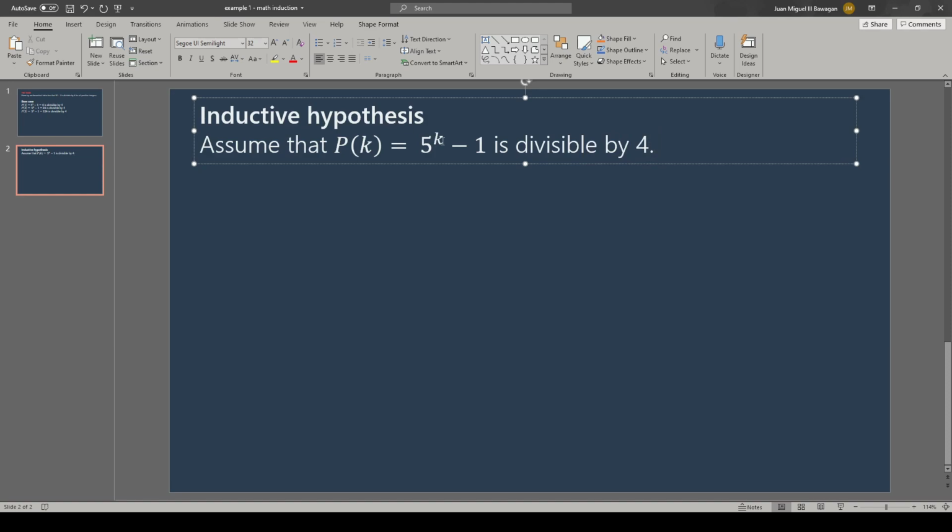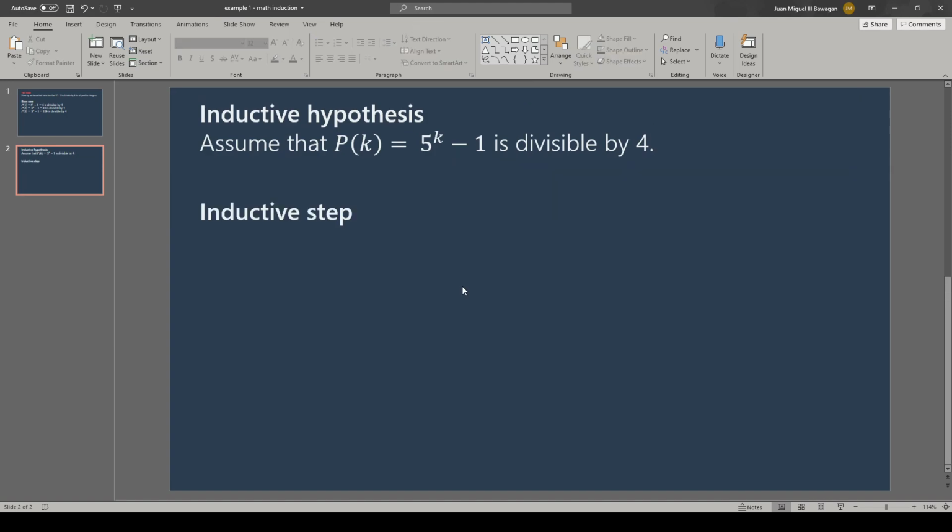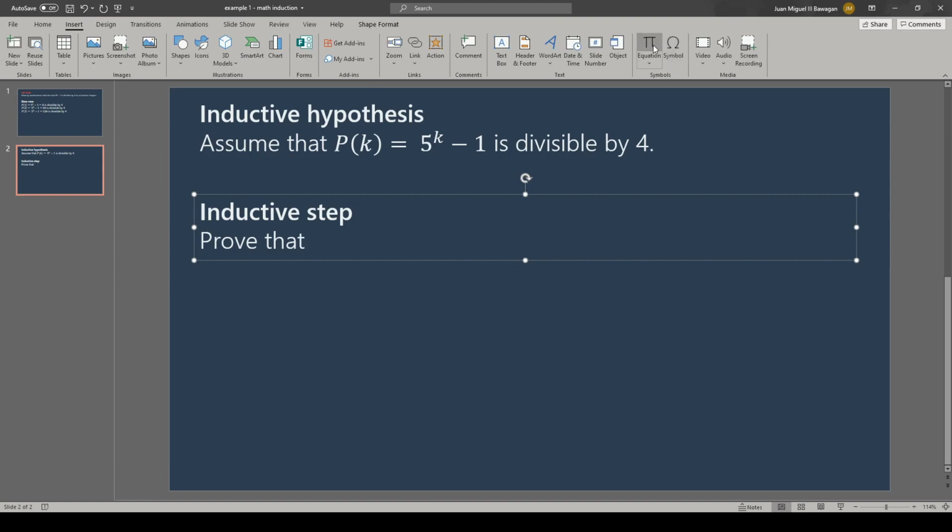So after assuming an inductive hypothesis, we assume that it works for any number k. Now, we prove that it works for the next number k plus 1 in our inductive step. So we prove that it works for any number k and the next number k plus 1.